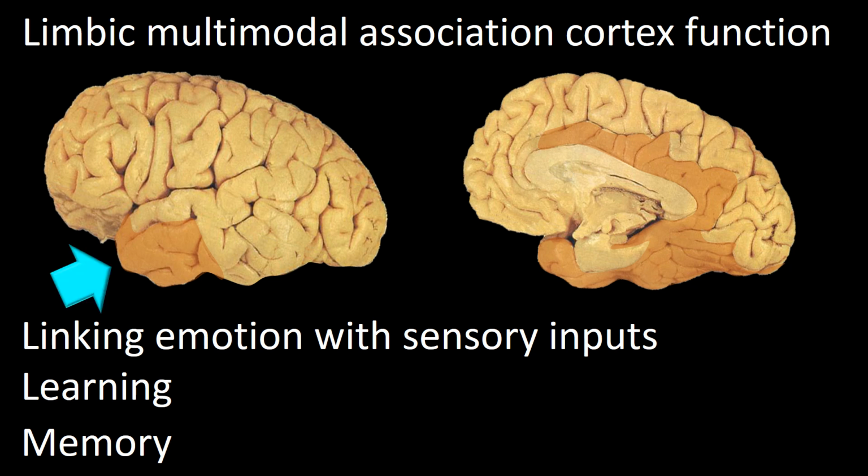The limbic multimodal association cortex occupies the anterior part of the temporal lobe in the lateral surface of the brain and the temporal mesial surface. Also, in the mesial surface, it occupies about the posterior two-thirds of the cingulate gyrus, extending anteriorly to the posterior edge of the prefrontal cortex.